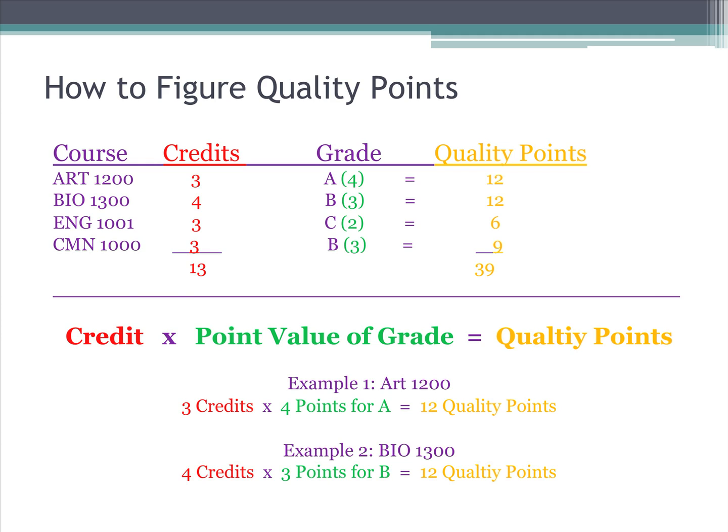Do you understand? Let's look at example 2 at the very bottom of the screen. Look at Bio 1300. The class is worth 4 credits, and the grade earned was a B, which is worth 3 points. So 4 credits times 3 points equals 12 quality points.